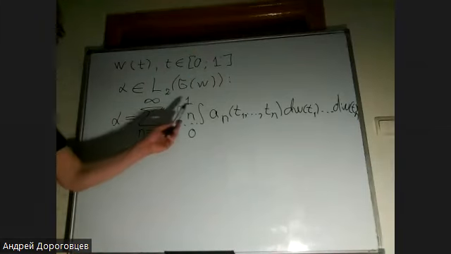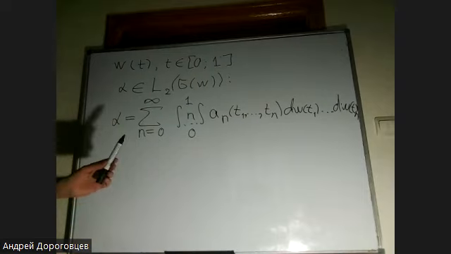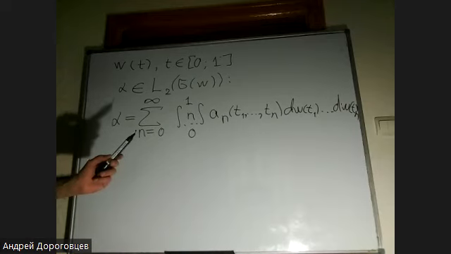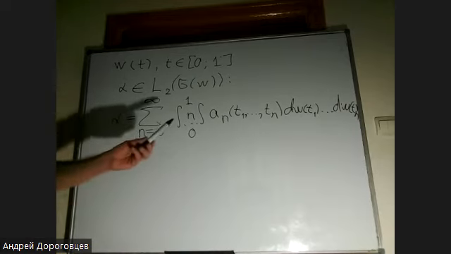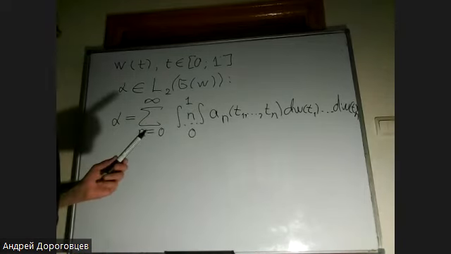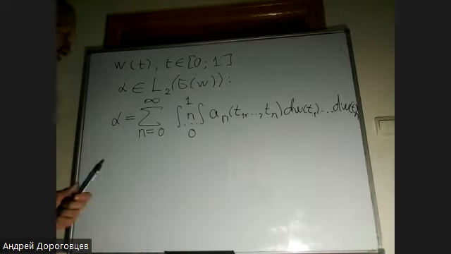We said that this is just a formal notation, and this integral must be defined as n factorial times the integral over the simplex. Here, the a_n are symmetric functions which are square integrable over this cube.